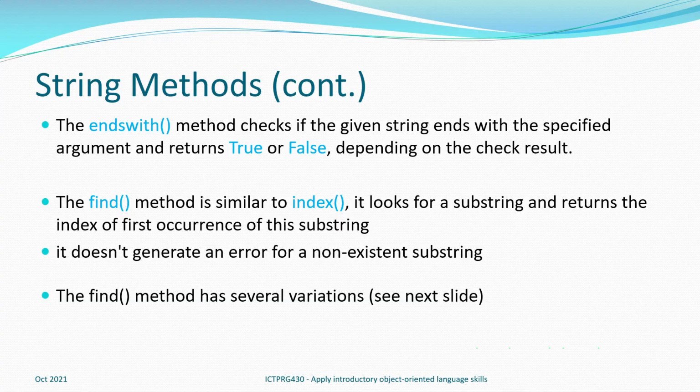Next is our endswith. So this checks the final character in the string and returns a true or false. Now, it's not just a single character, it's whatever the argument length is.